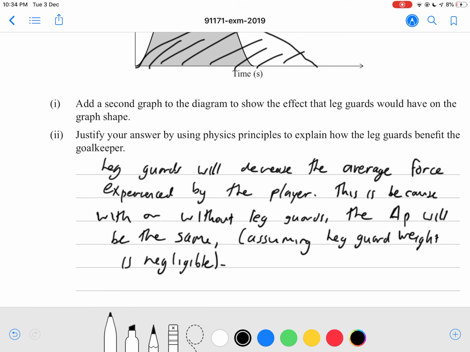So our change in P equals F times change in time.